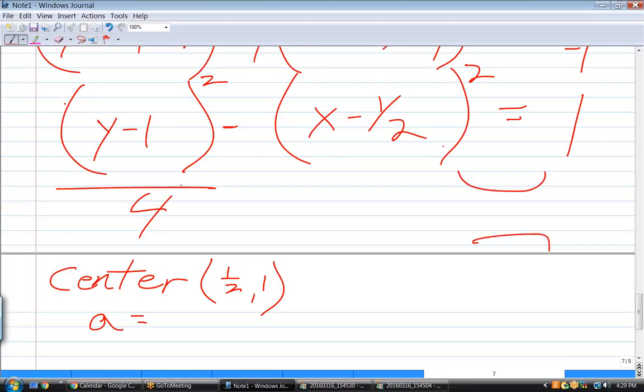Yeah. When you have a hyperbola, the line that connects your vertices is the major transverse axis. A is always measured along that. And B is always the other thing.